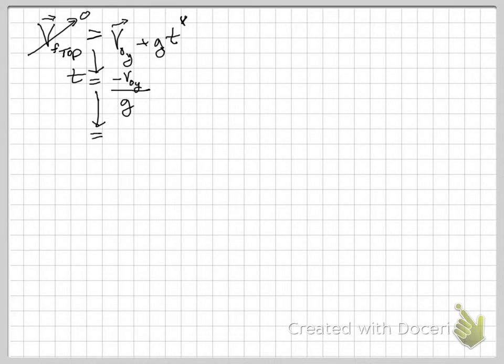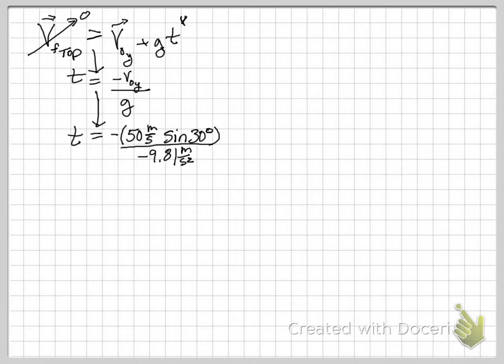And plug those numbers in. We're going to get something that looks like this. So we got the negative, and we're only going to take that one component of the 50 meters per second. And this time, again, we're going to use the sine 30. And that's all divided by negative 9.81 meters per second squared.